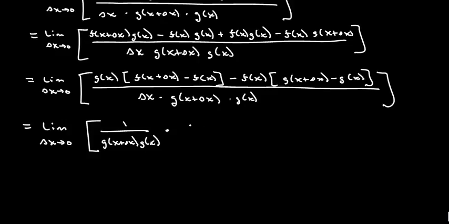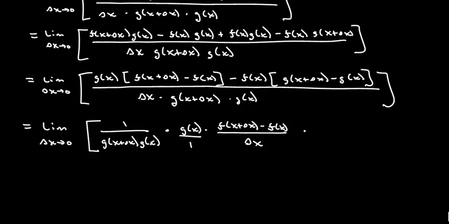So this is going to be, in fact, I'm even going to pull this g of x out front. So g of x times f of x plus delta x minus f of x all over delta x.